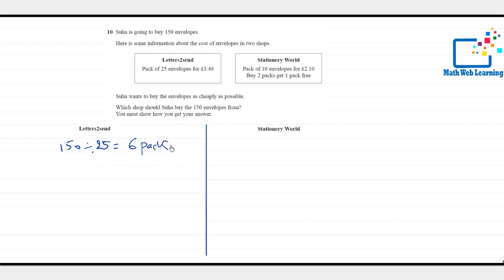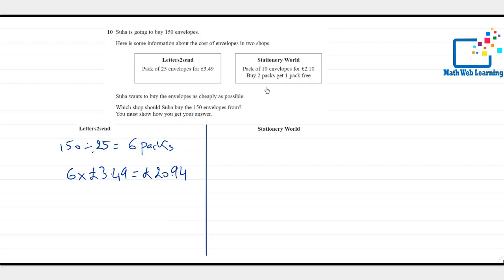All right. We're doing this one, of course. So basically, we need to do 6 times £3.59, and that gives a price of £21.54. All right, let's do Stationery World.